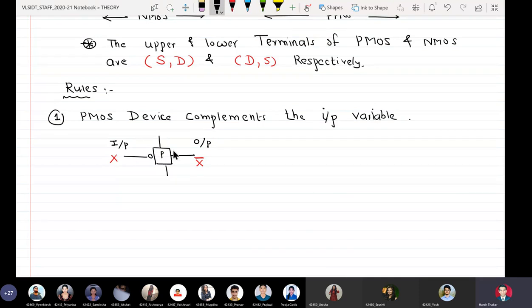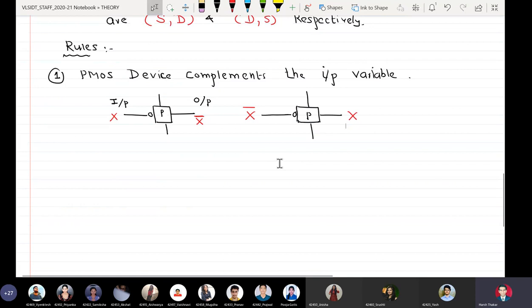Okay. Similarly, if I apply X bar at the input, I get X at the output. This is rule number 1. That is, a PMOS device complements the input and NMOS will do exactly the opposite.